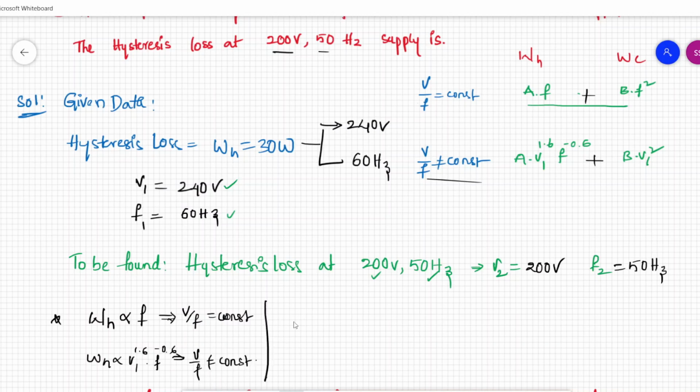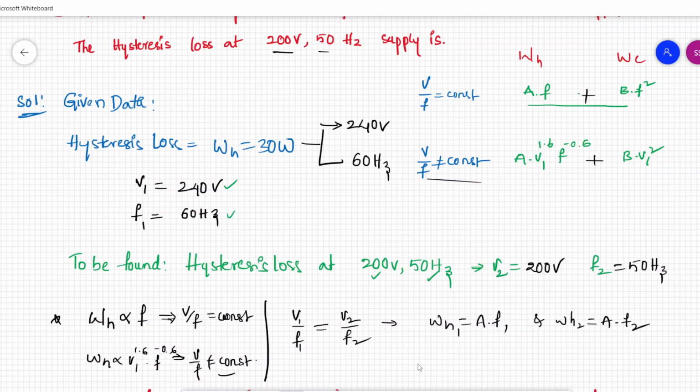Let us check if V by F ratio is constant in both cases. If V1 by F1 is equal to V2 by F2, then we take WH1 as A into F1 and WH2 as A into F2. If V by F ratio is not constant, we are going to take the other expression.